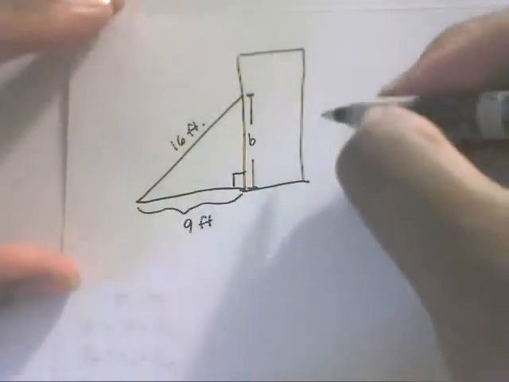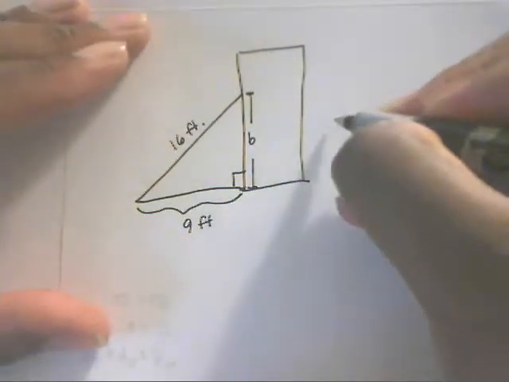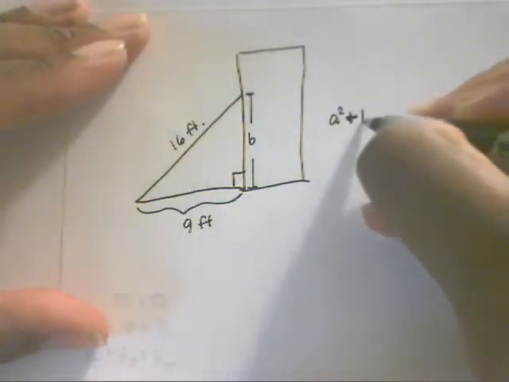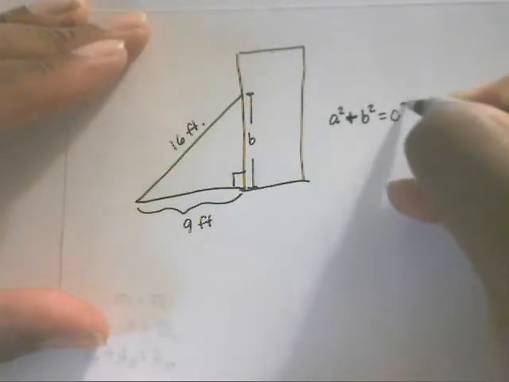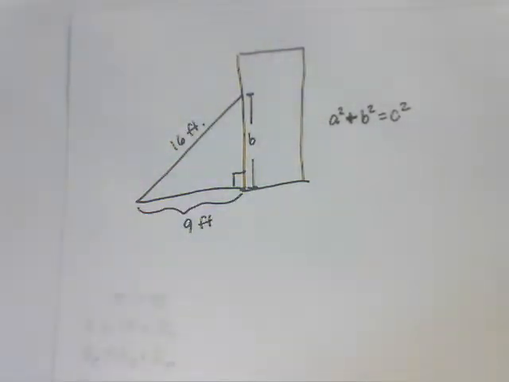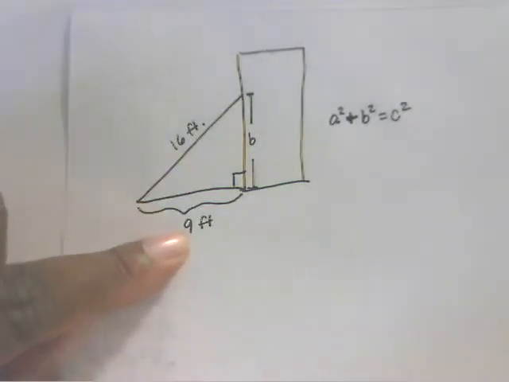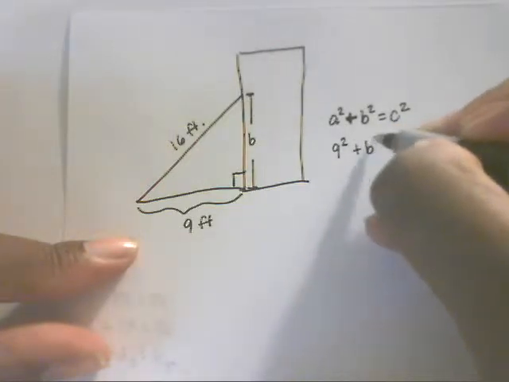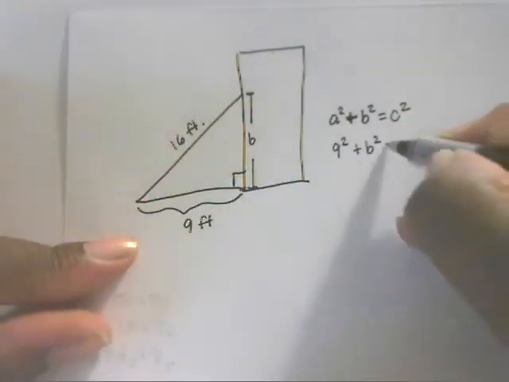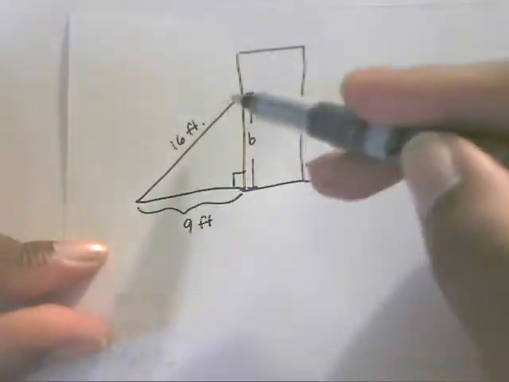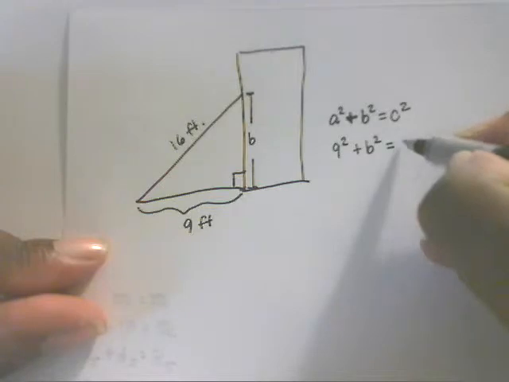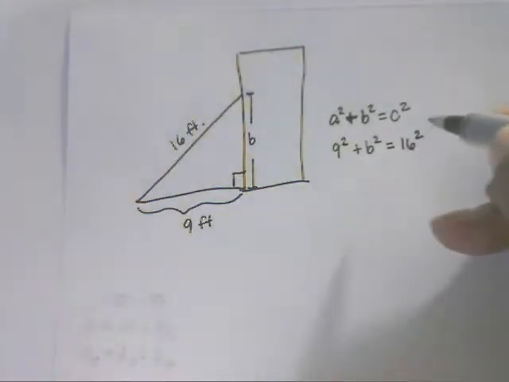A squared plus B squared is equal to C squared. In this case, I'm letting A be 9 feet, so that's 9 squared, plus B is what we're trying to find, so that's B squared, equal to C. This is your hypotenuse right here. That ladder is going to be your hypotenuse, 16. So that's 16 squared.